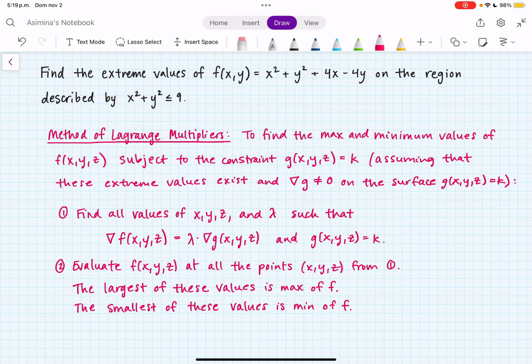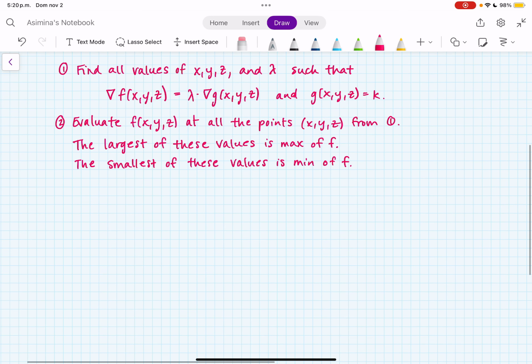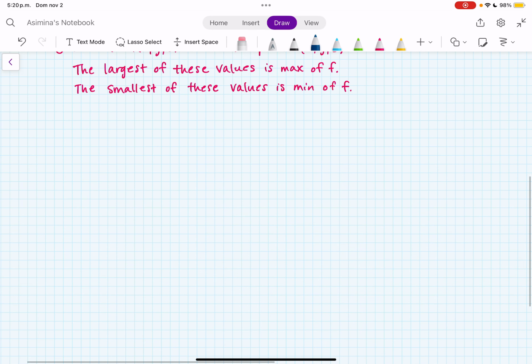So first, we want to find the gradient of f, which means we want to find the partial derivatives of f with respect to x and y. I'm going to scroll down here and rewrite f. What is the partial derivative of f with respect to x? The derivative of x squared is 2x.